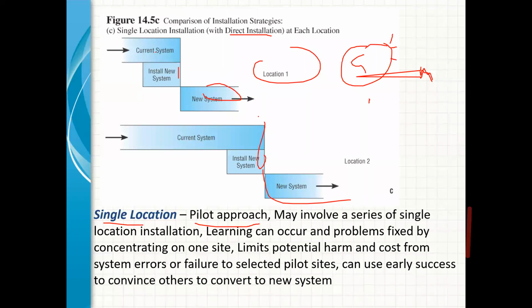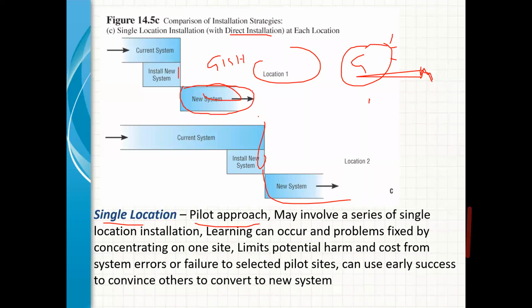Look at this picture. It can go with a direct approach or a parallel approach as well, but in this example we are using a single location installation with direct installation. This is location 1, so look at it as Gishushu. After deploying the new system and stopping the old system, the university uses the new system.